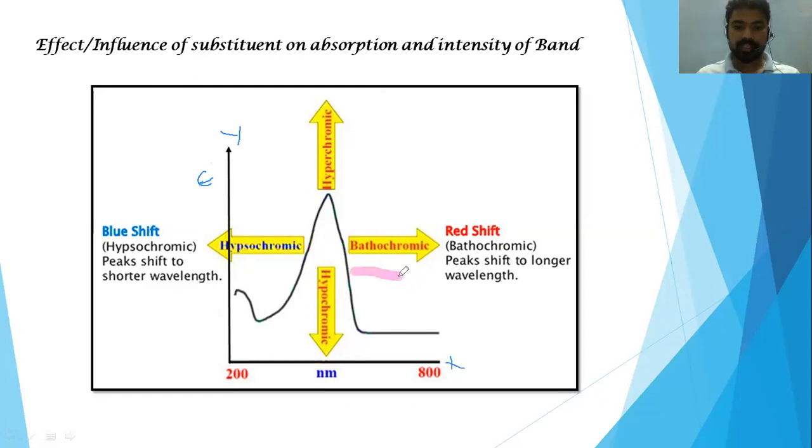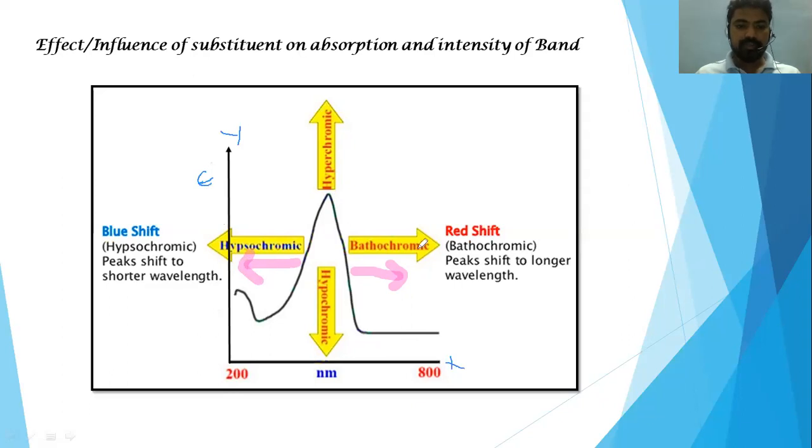If the absorption wavelength of a compound is decreased to a lower value, here we can see a tall peak, so if it shifts to a lower value, that is called hypsochromic shift or blue shift. Hypsochromic shift or blue shift, you can see here.